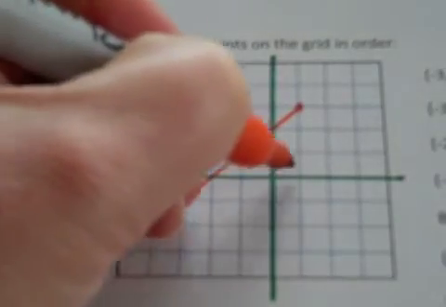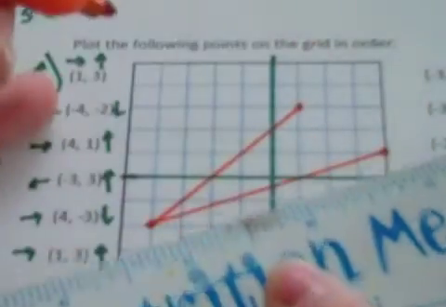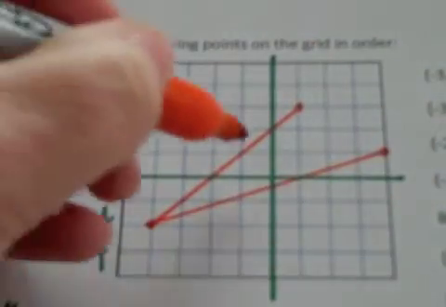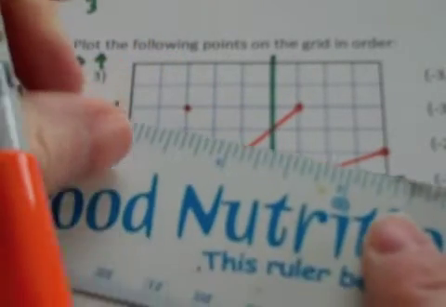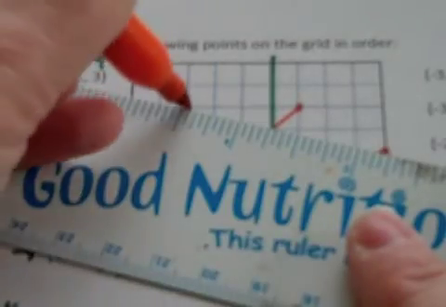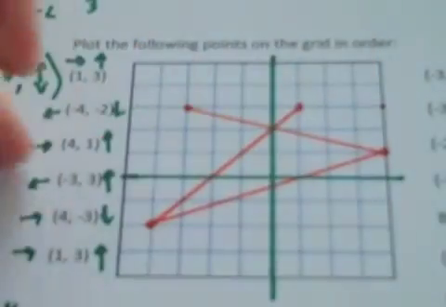4, 1 to the right, 4, up 1. I'm going to connect it to that last point. -3, 3, left 3, up 3. Connect it to the previous point. 4, -3, over 4, up 3.